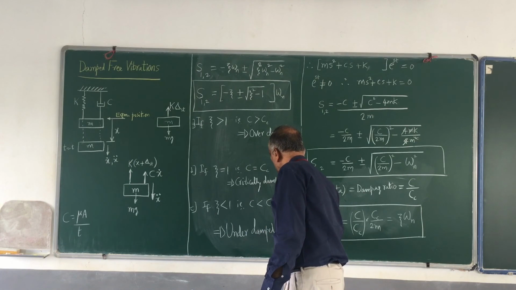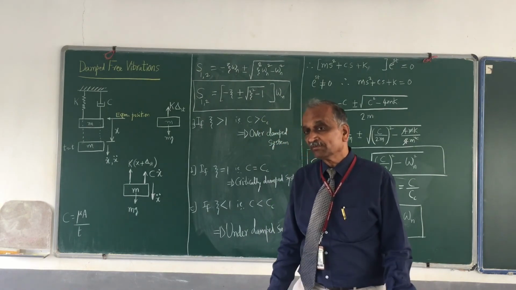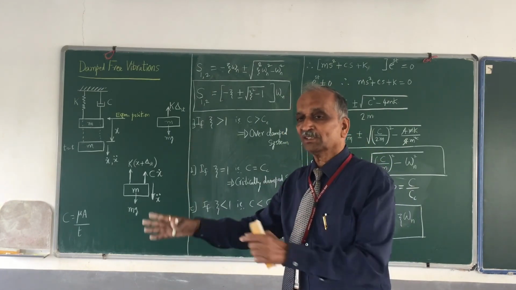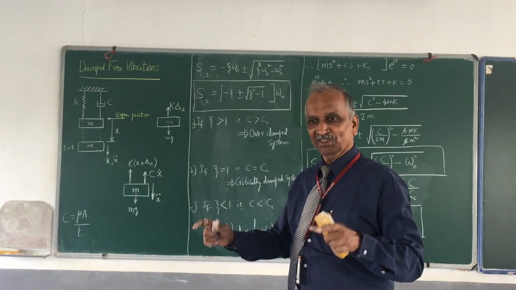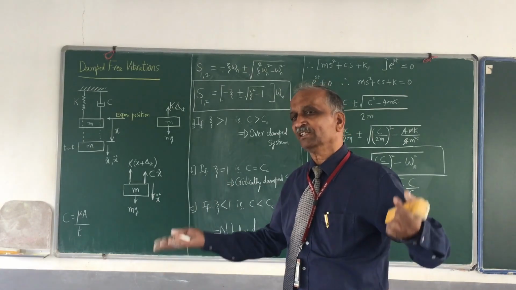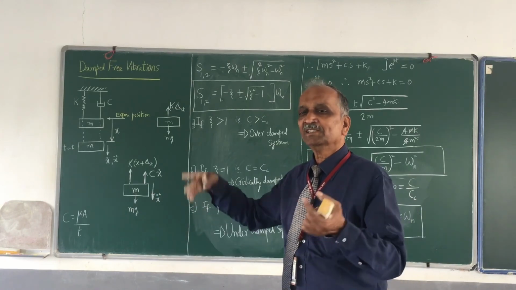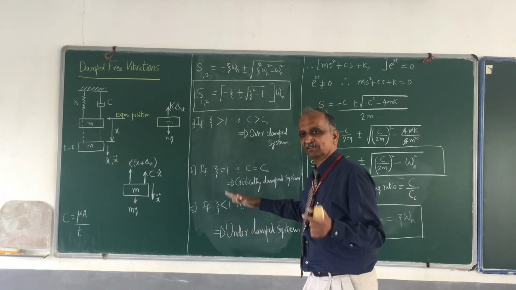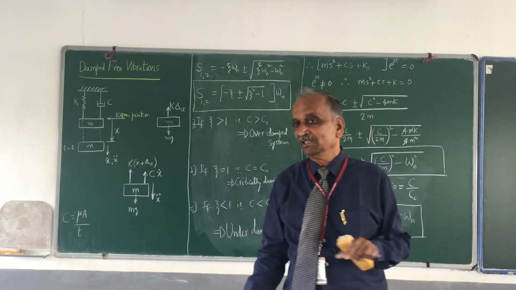So very important, a system which is damped is classified into any one of these. You have a system, you know its K, M and C, you know its Cc, and you compare C and Cc, then find out whether the system belongs to this or this or this. It belongs to any one of the categories.